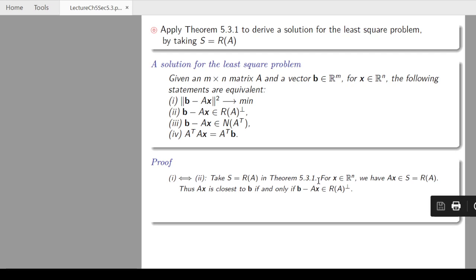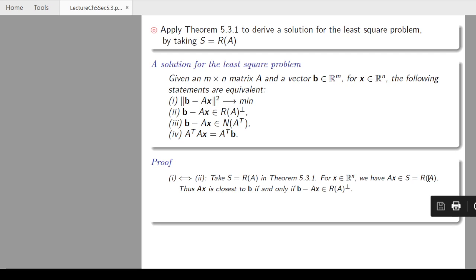Consider x, a vector belonging to Rn. Then we multiply x by A, and we can say Ax belongs to the vector space Ra.